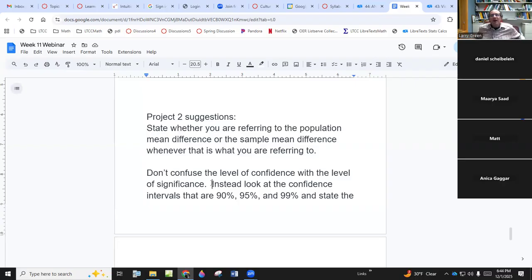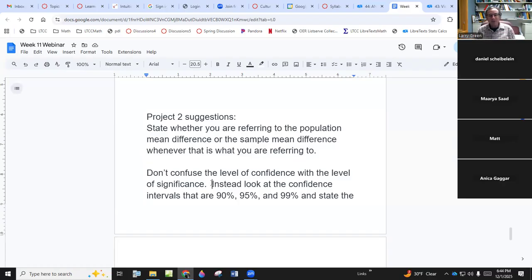Then look at the 95% confidence interval. Talk about how the client would react, what decisions the client will make, and how useful it'll be. Then look at the 99% confidence interval, how the client will react, and how useful that would be. And then think about which is going to be better for the client based on that usefulness.